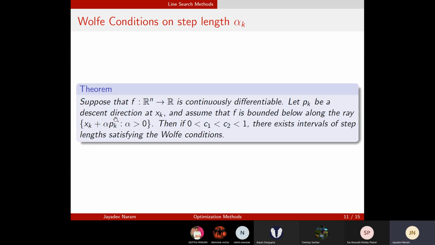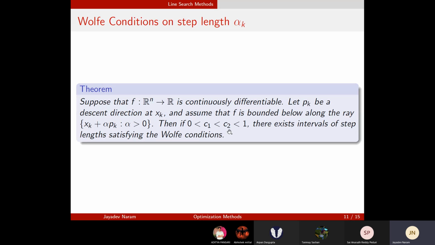This is the set of all points which our step length selection algorithm might be traversing. So our function should first of all be bounded below. If it's not bounded below, then we cannot guarantee the result.